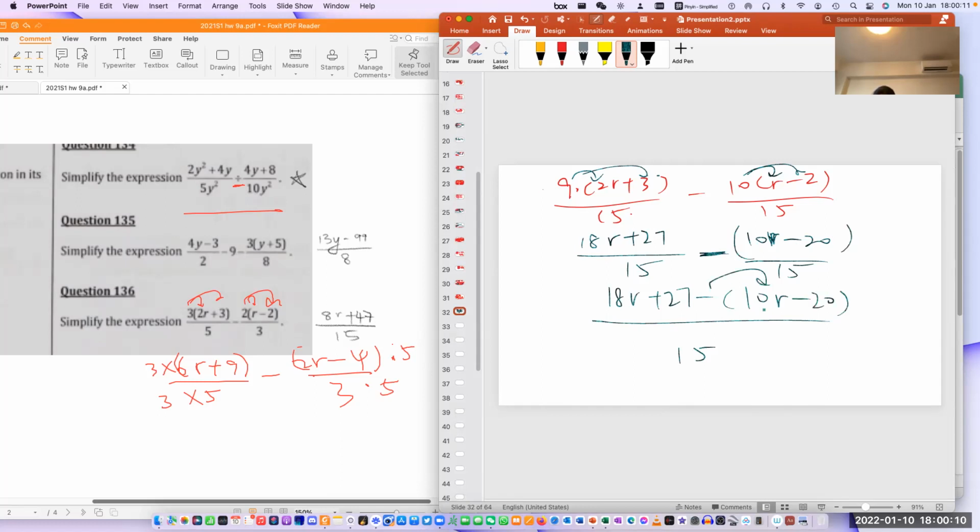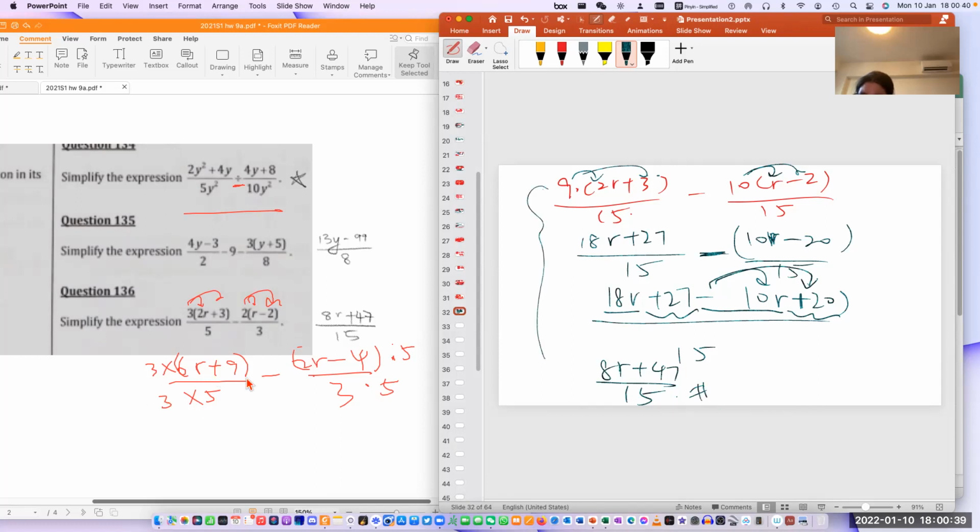So I get minus 10r when I open the brackets for the first arrow, and then for the second arrow, I get minus 20, so it's plus. So the answer is this, and then underline similar term. Then you should end up with 8r plus 47 over 15.